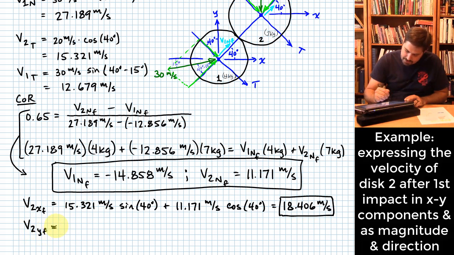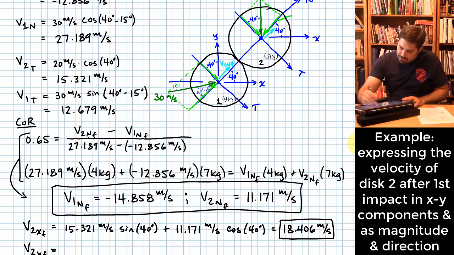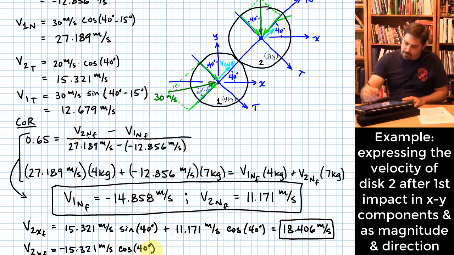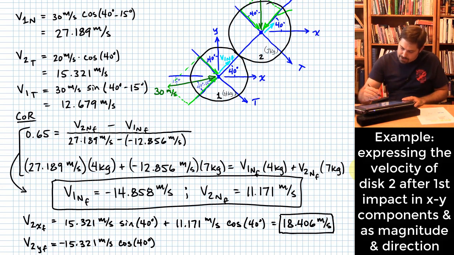My final velocity in the y is going to be similar, but notice there that my tangential component is actually going to be pointed in the negative y direction, multiplying by the cosine of 40 degrees to figure out what that piece is that lines up with a vertical direction.